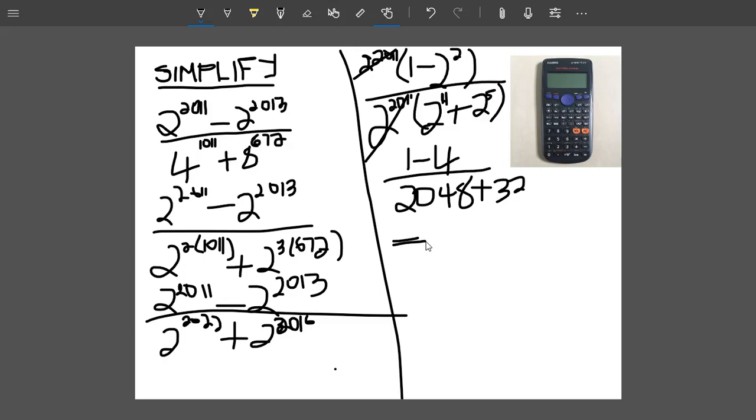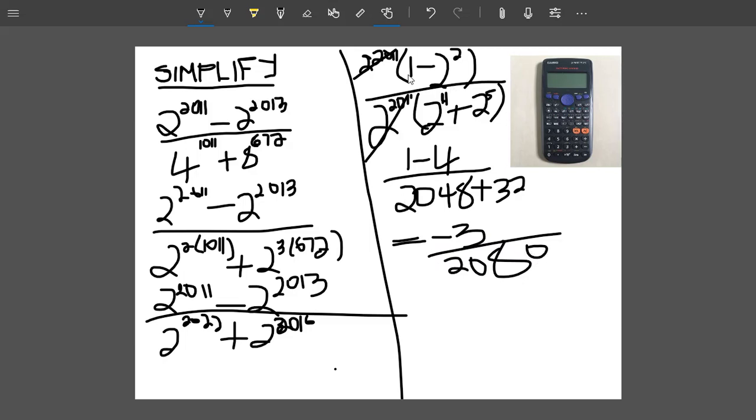No need to crack, just press your calculator like as I do now. You just say 2048 minus, plus 32. Then you'll realize that the answer is negative 3 over 2080. So this is our answer.